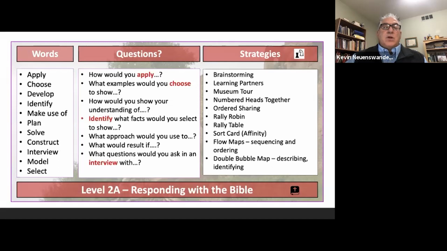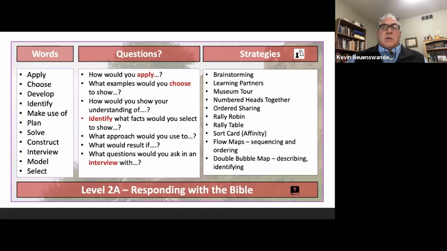What examples would you choose to show? How would you show your understanding of? Identify what facts would you select to show. What approach would you use to? What would result if? What questions would you ask in an interview with?